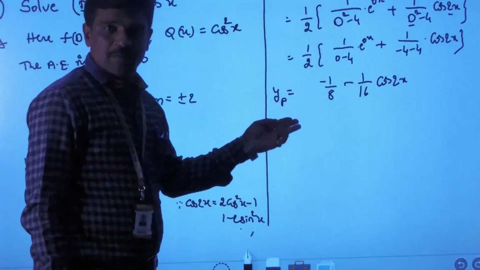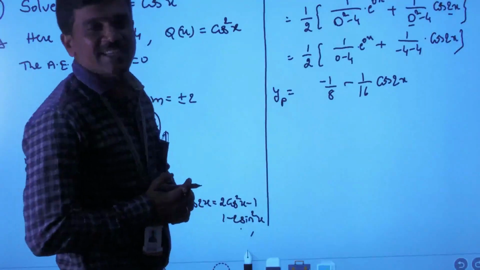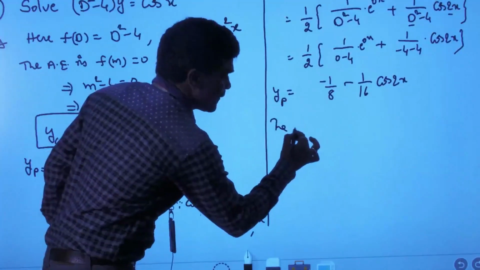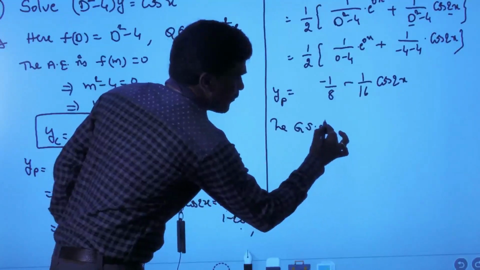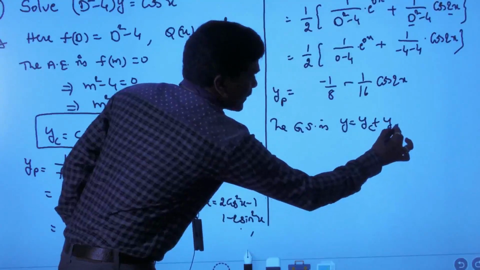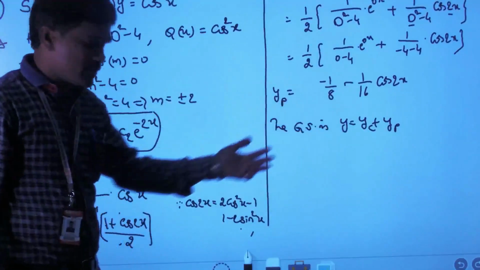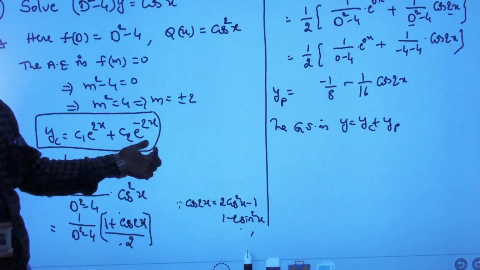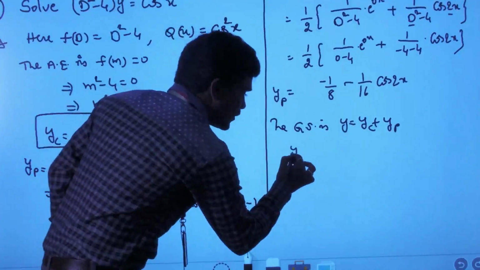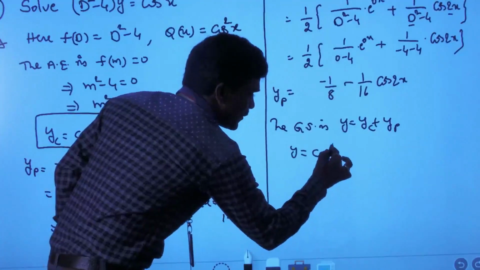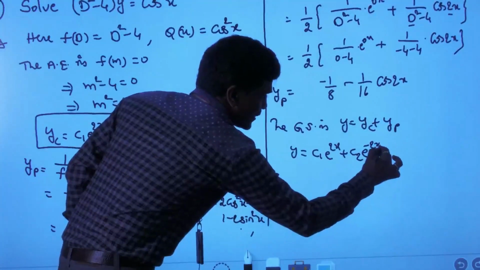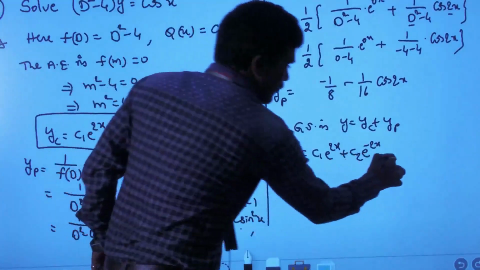When we get yp, the general solution is y is equal to yc plus yp. What is yc and what is yp? Here yc is c1 e power 2x plus c2 e power minus 2x. So the general solution is c1 e power 2x plus c2 e power minus 2x plus yp.